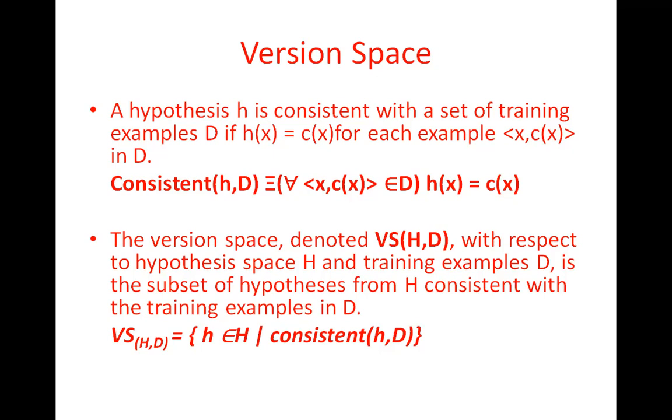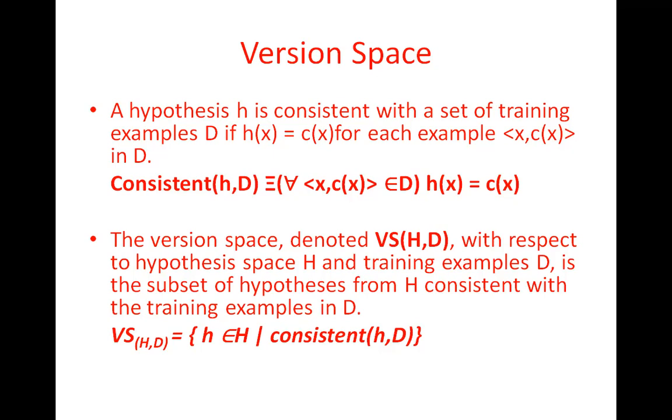Capital H indicates all the hypotheses that are possible for the data set. But version space says the hypotheses which are consistent with all the training examples. A positive example has to be classified as positive, a negative example as negative. So that is version space.